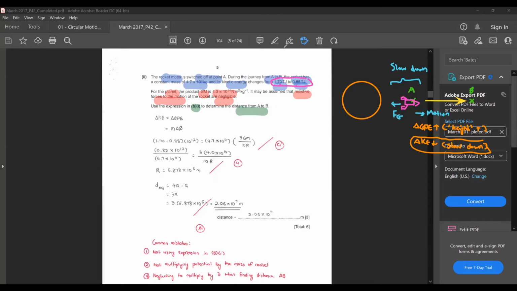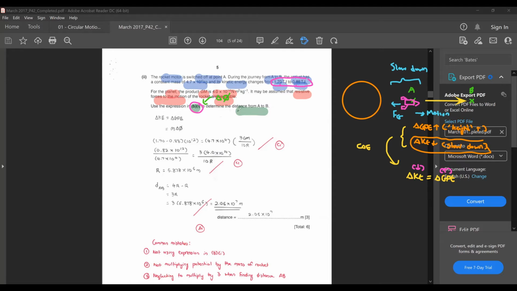Okay, now from here, now that you know that there's these two energy, if you apply conservation of energy, you ought to be getting something like this. The change in KE is equal to the change in GPE. Whatever KE that has dropped would be the GPE that has increased. Okay, now in the previous part, in part B1, you are actually finding change in potential, not change in GPE itself.